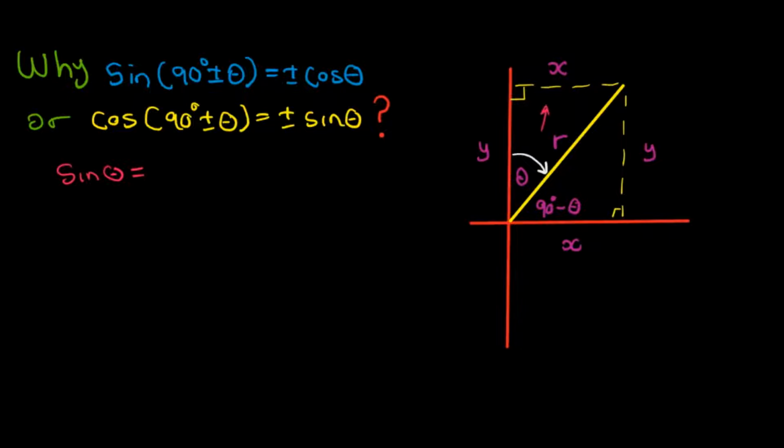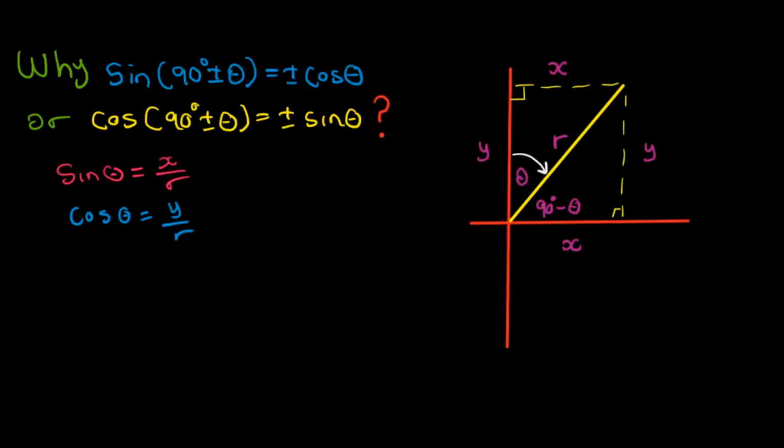The opposite side is x and the hypotenuse is r, so it's x over r. Then cos of theta is equal to the adjacent side, which is y, over the hypotenuse r, so it's y over r.